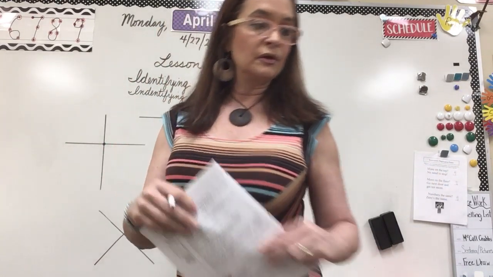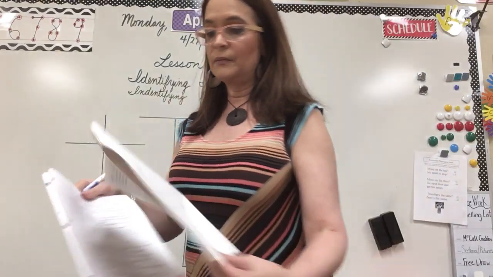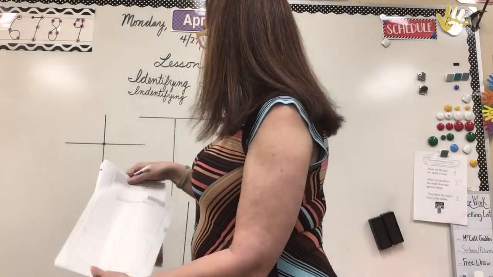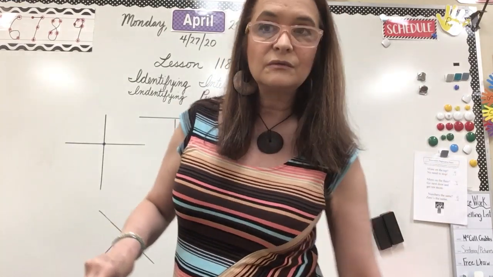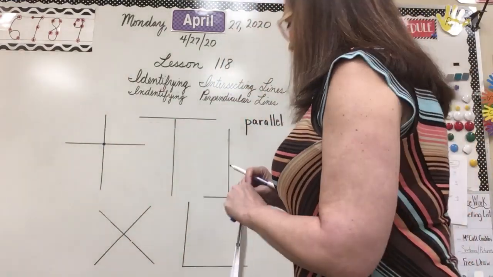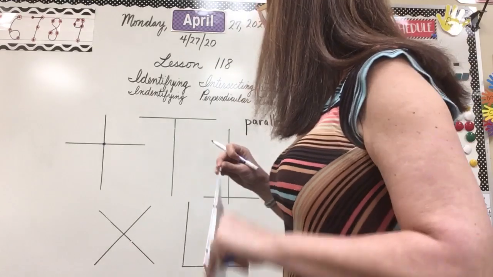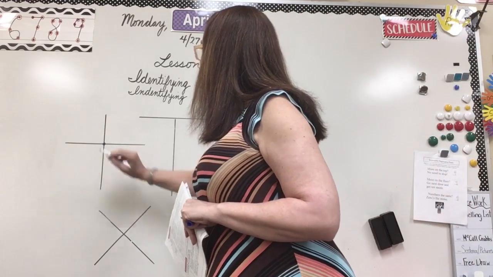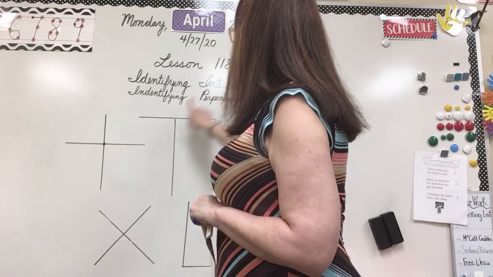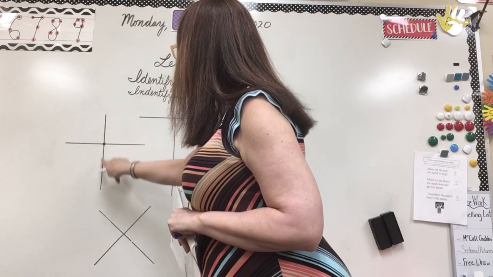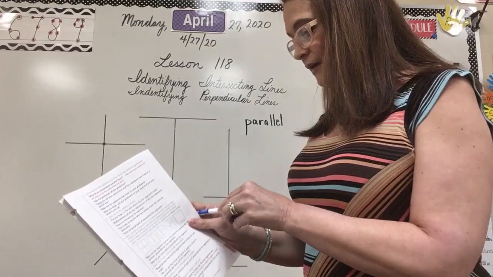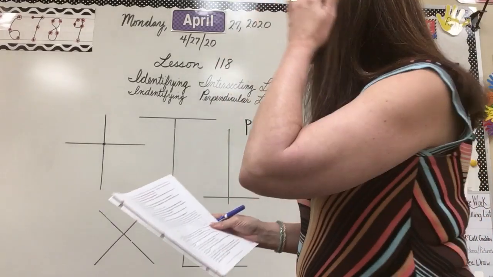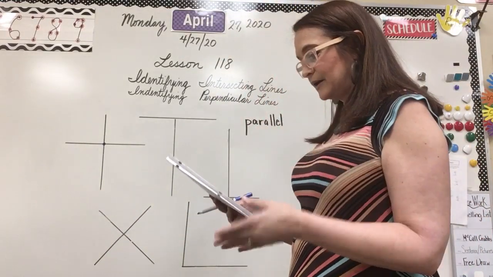Now on your number 1 geoboard, go ahead and create this here. Make those two lines and put a dot at the point of intersection. These are where the two lines intersect or meet. Sometimes you come up to a street and you have two streets that intersect or meet, and you have a stoplight or a stop sign.